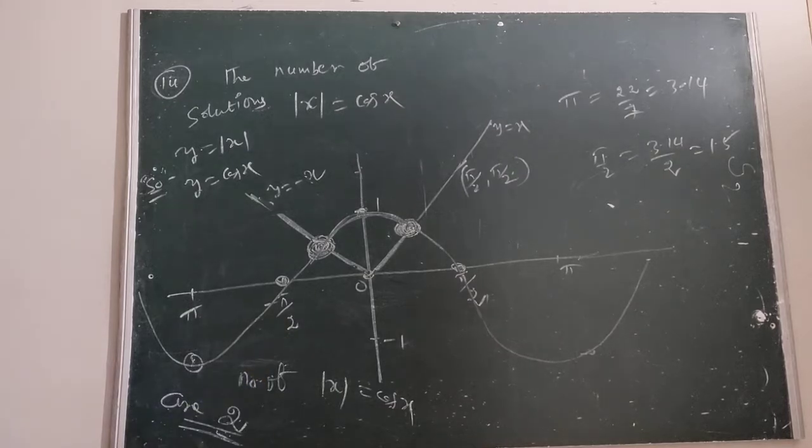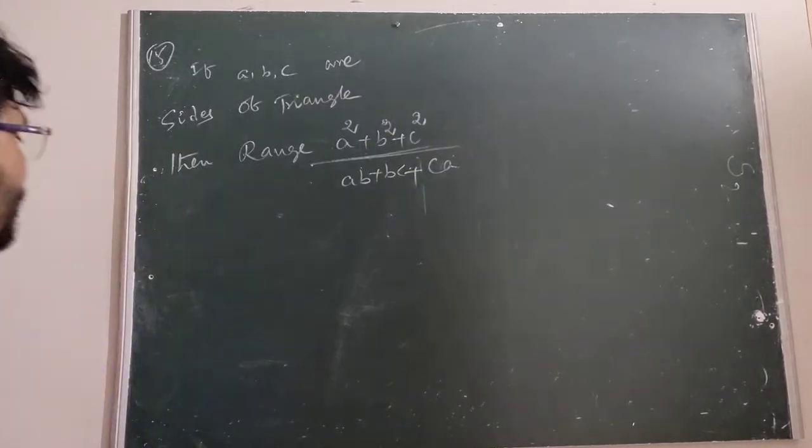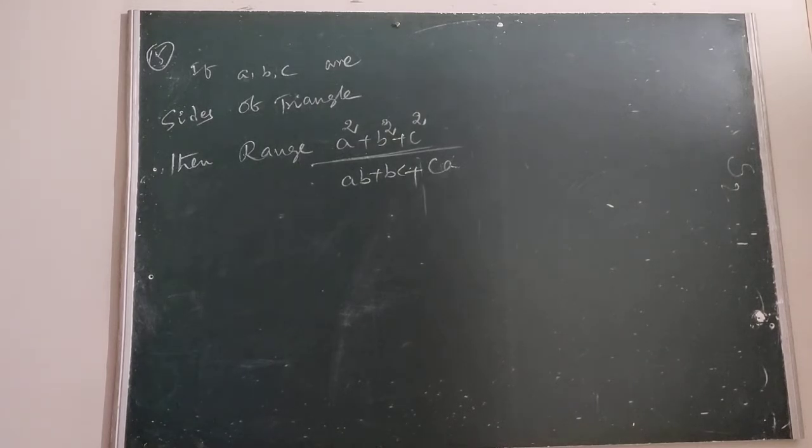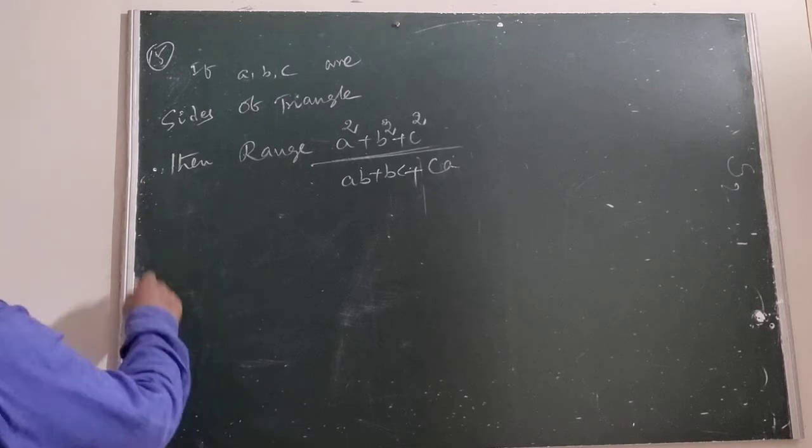That is the answer. If A, B, C are the sides of the triangle, then find the range of A square plus B square plus C square by AB plus BC plus CA.